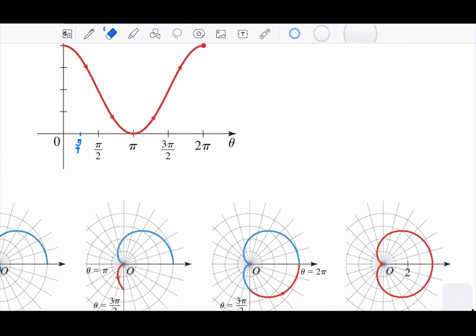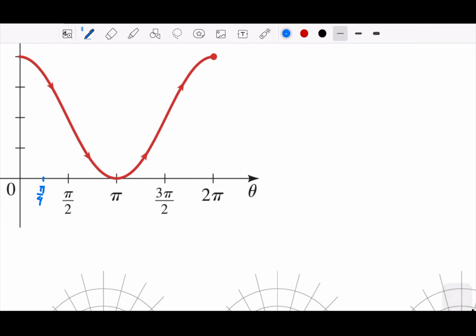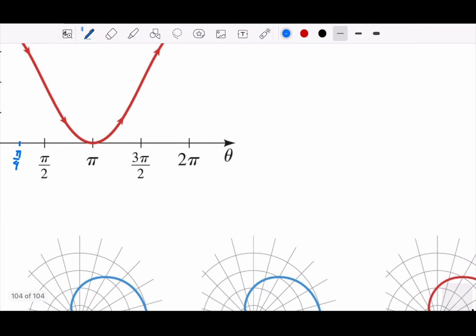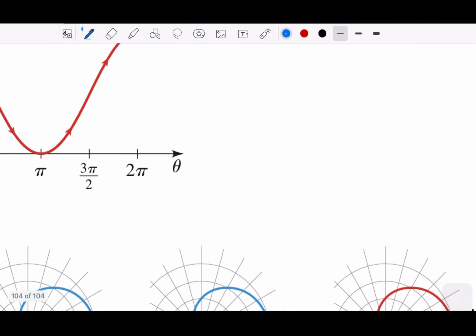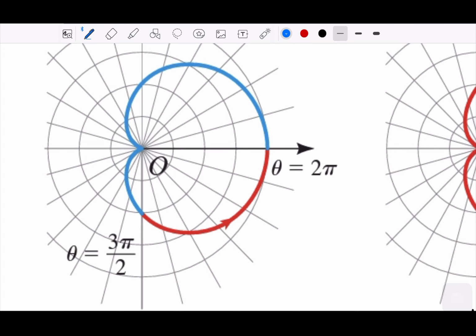And then the last part is this interval from 3 over 2 pi until 2 pi. We see that it increases significantly until it reaches 2 pi. At 2 pi we go back to cosine 0, which is 1, and that is when the radius is 4. So we can have this kind of structure.